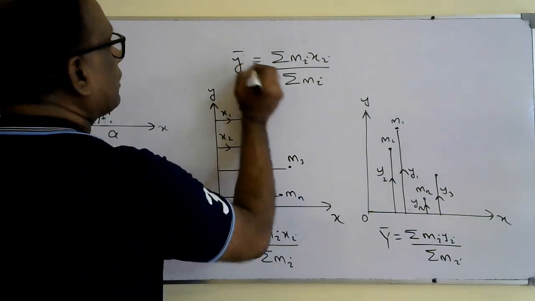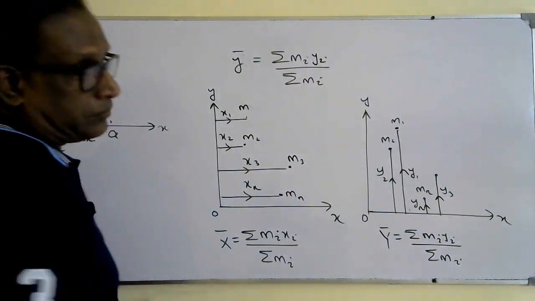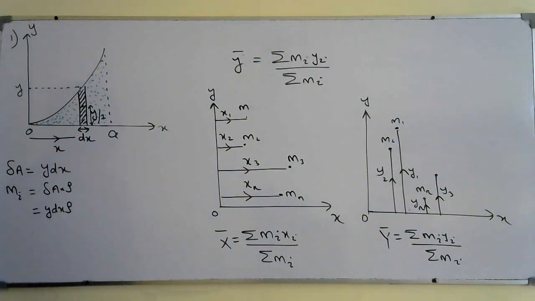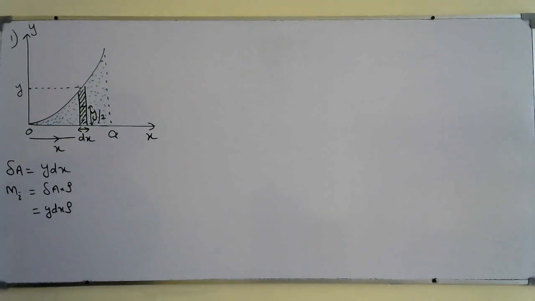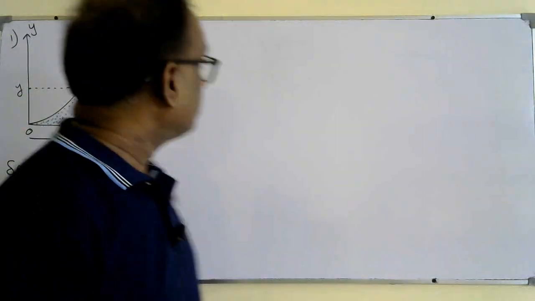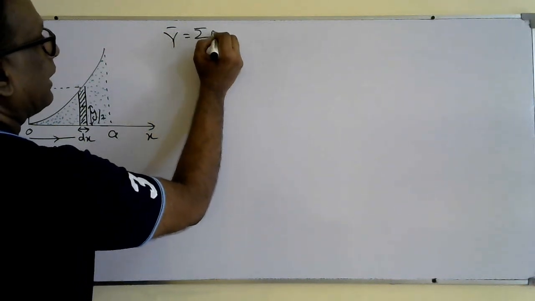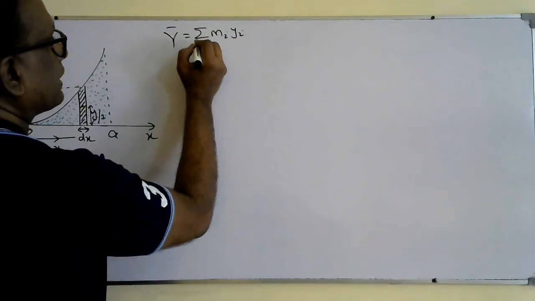So y bar is equal to sigma mi yi over sigma mi. That's the thing I am going to do now.